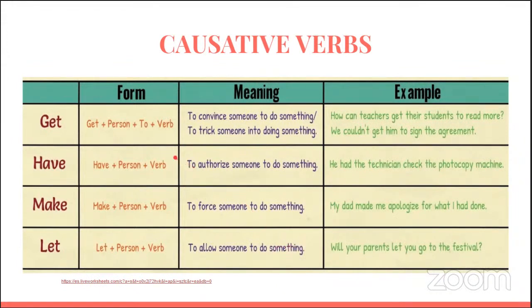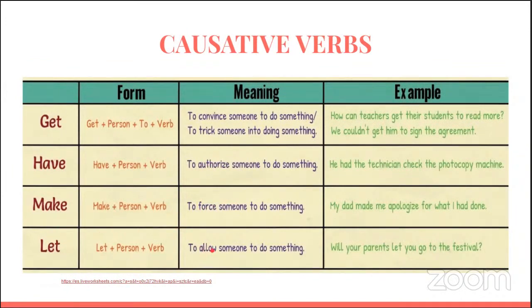Well, as you can see, all of the causative verbs are going to be followed by a person, and in the first case, get, by an infinitive, and in the rest by a verb. But the meaning is the difference. The first one is to convince someone or to trick someone to do something. Have, authorize; make, force someone to do something; and let, allow someone to do something.